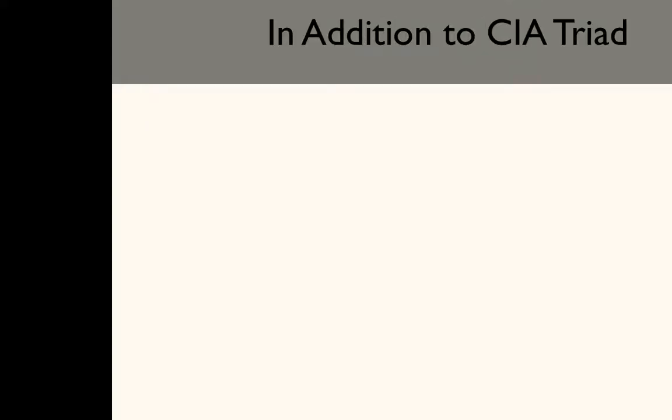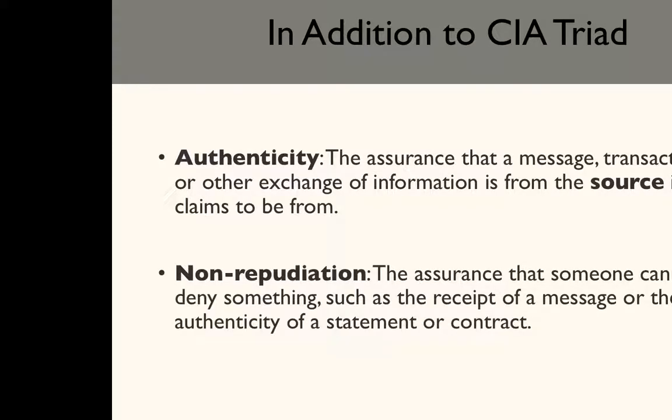In addition to confidentiality, integrity, and availability, usually called CIA, there are some other goals we are trying to achieve as defenders in security. I will only mention two here. One is authenticity: assurance that a message, transaction, or other information is from the actual source it claims to be from.